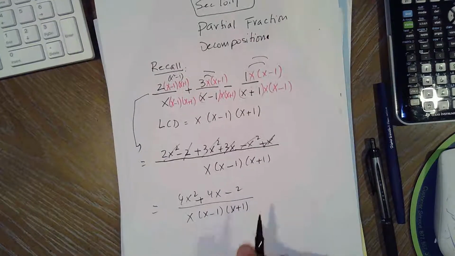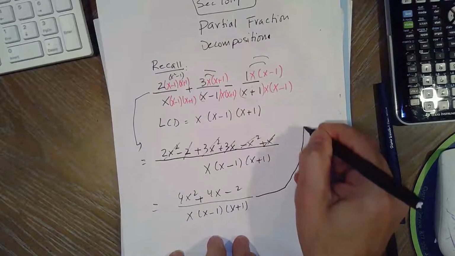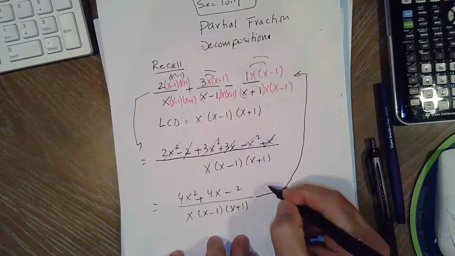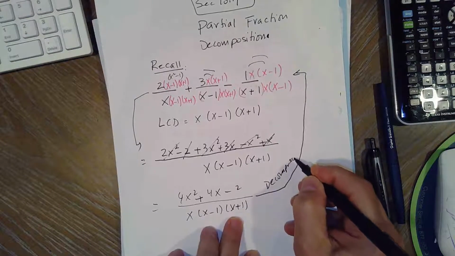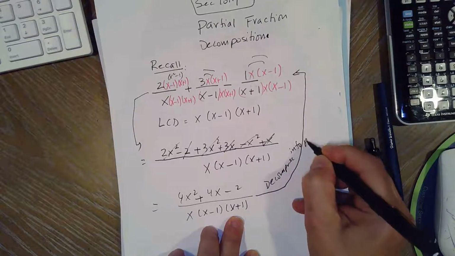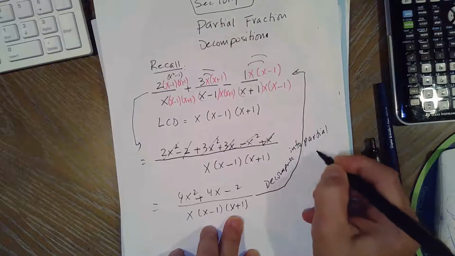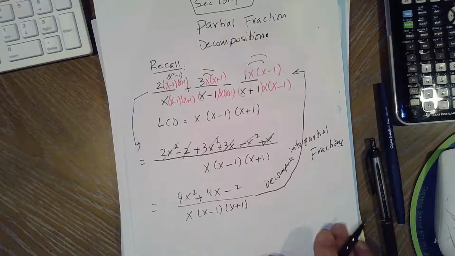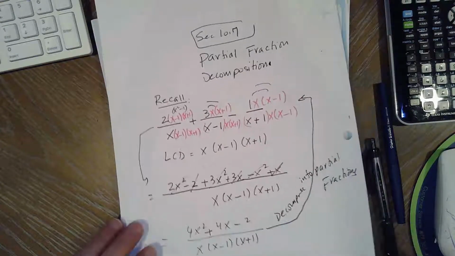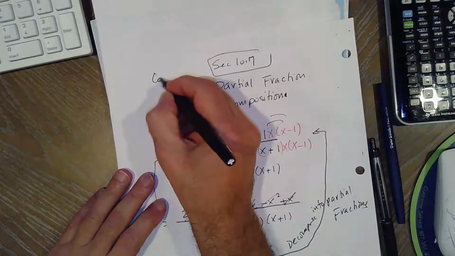Now what we're going to learn today is how do we go backward: decompose one fraction into partial fractions. There are steps for going backwards, and the steps are listed under content.